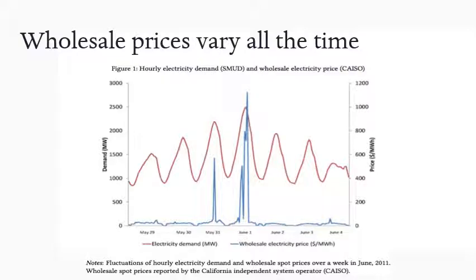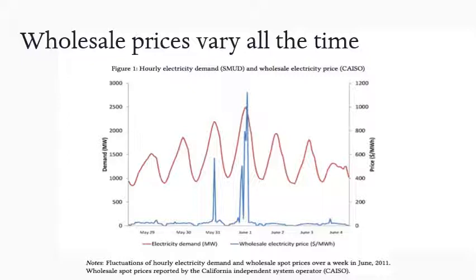As we've seen, wholesale prices vary all the time. This graph is showing wholesale price fluctuations over the course of many days, or about a week. We've seen the daily load curve, so the load over the course of a single day.